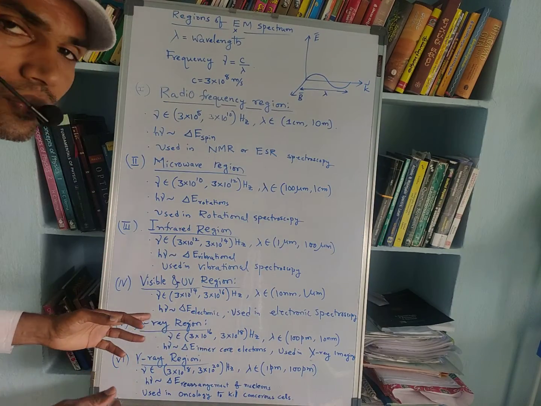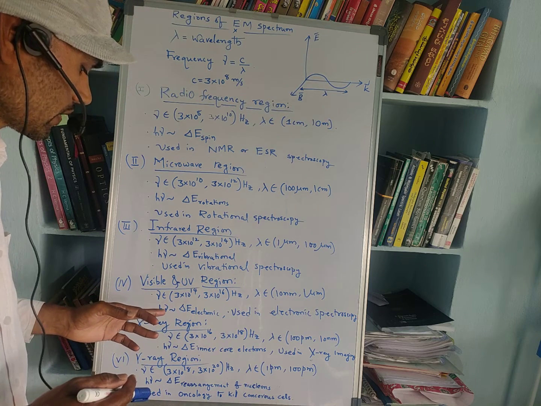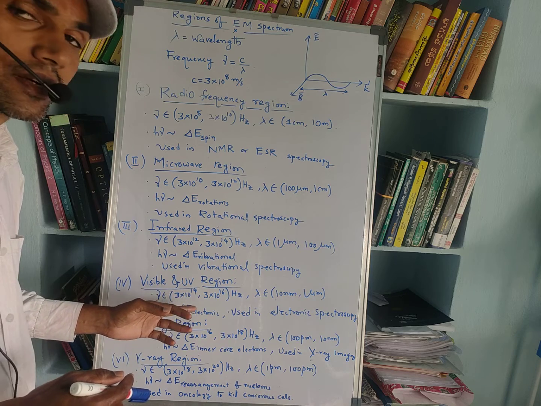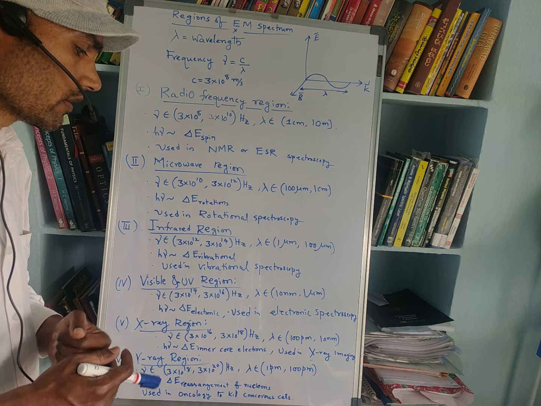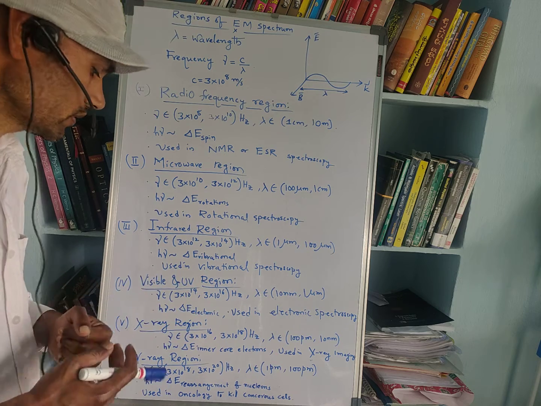And the next region is the visible and UV region of electromagnetic waves. In this the frequency of the waves will be between 3 into 10 power 14 hertz and 3 into 10 power 16 hertz. And the wavelength of these waves will be between 10 nanometers and 1 micrometer.